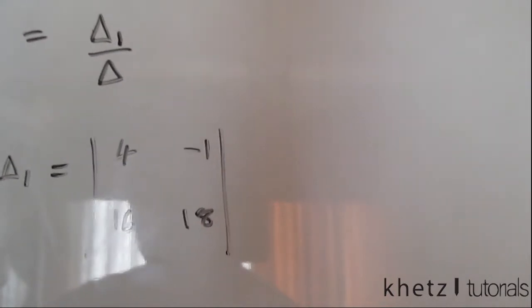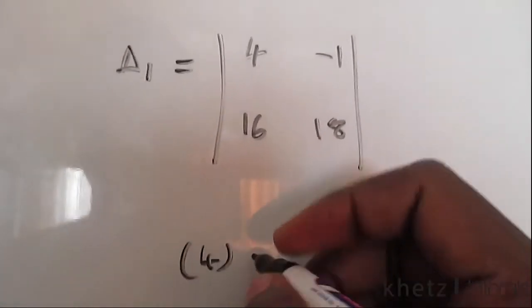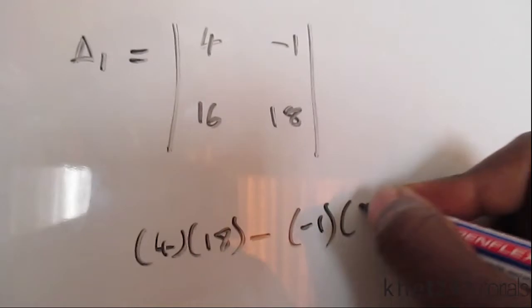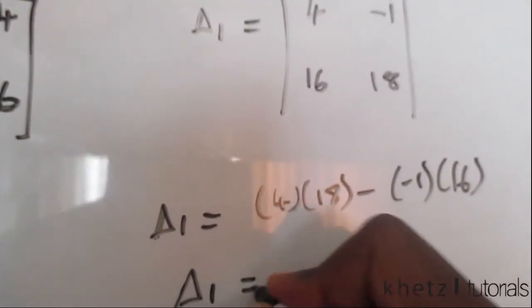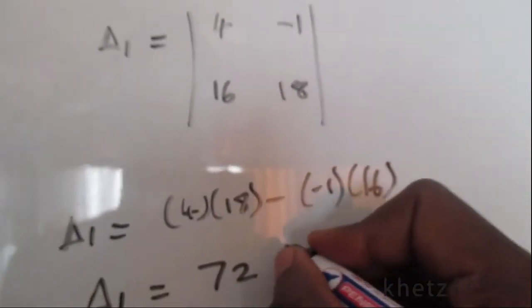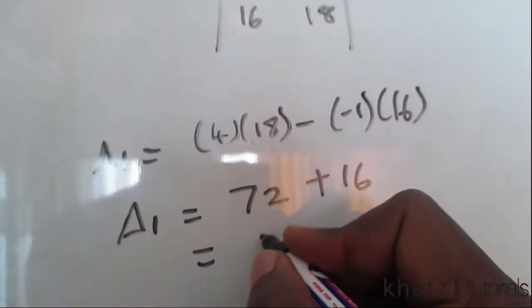So let's go ahead and do that. We're going to say 4 multiplied by 18 minus 1 multiplied by 16 to find delta 1. Delta 1 is equal to 72, plus 16, which is equal to 88, right?